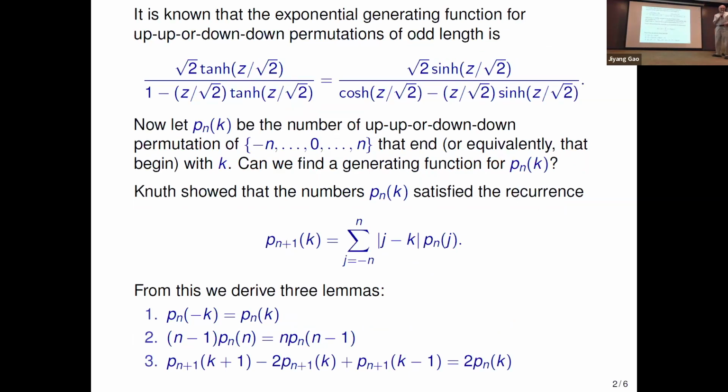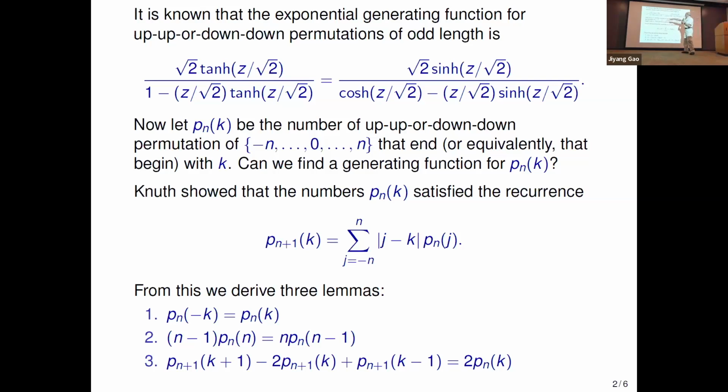Okay, so it is actually already known that the exponential generating function for these permutations of odd length is given by this formula. For even length, it's easy to get the even length from the odd length, so I won't talk about it. Now what Don was interested in is the number of these permutations that end with a given number.